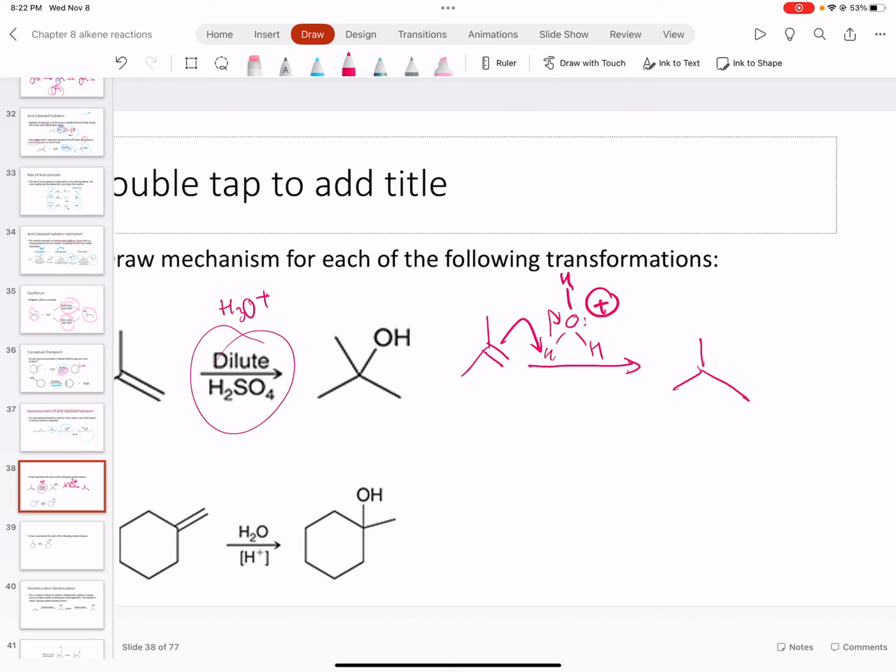Our hydrogen will go to the least substituted. And then we're going to have our water, right? Because we took a hydrogen from our H3O plus. So then in here we have some electrons that can react with that positive carbocation.